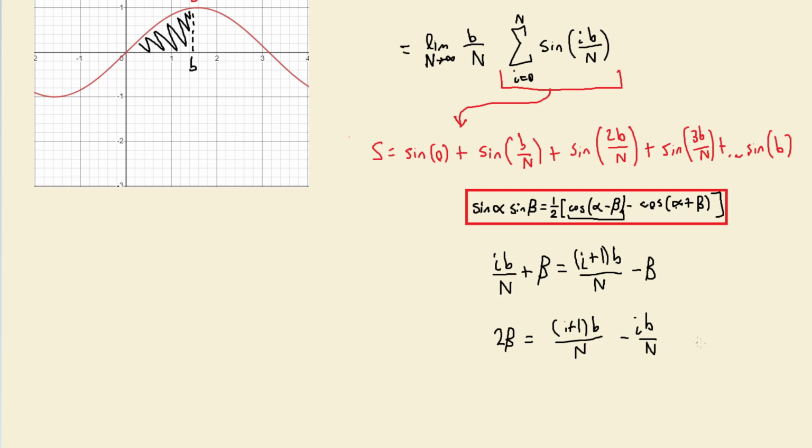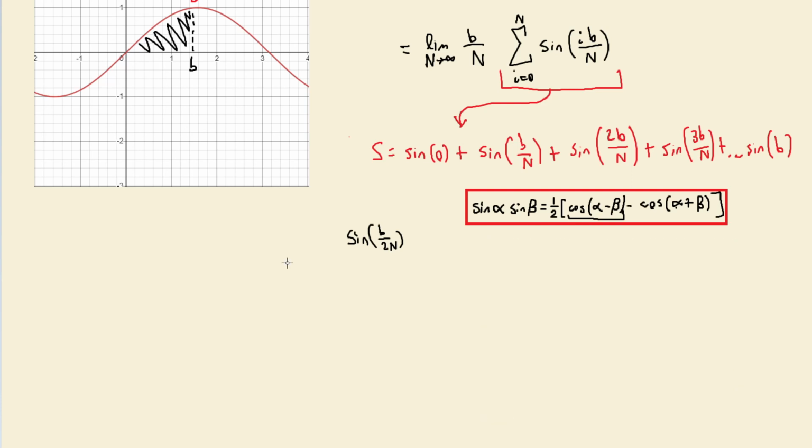We're just left with 1B over N, and so this is just equal to B over N. And so the factor we need to multiply by on the inside here is going to equal B over 2N. And so if I multiply both sides of this equation by sine of B over 2N, what I should expect to see is a lot of cancellation with all of these middle terms. And so let's go ahead and carry that out and see what we get.